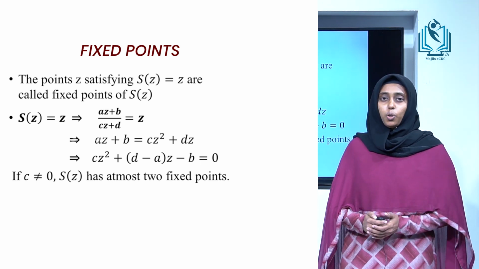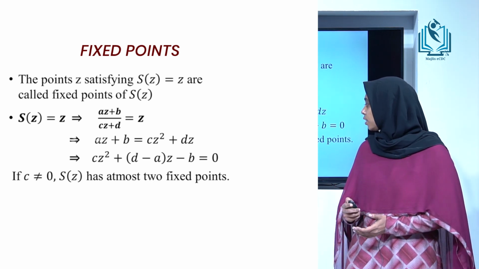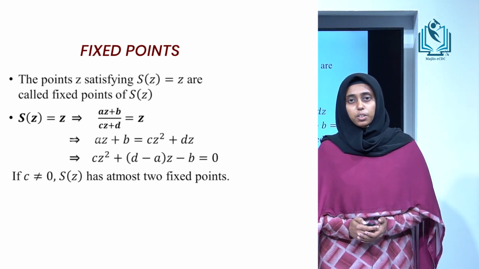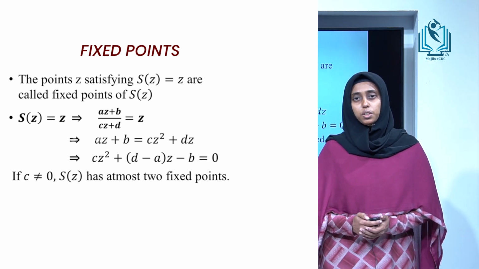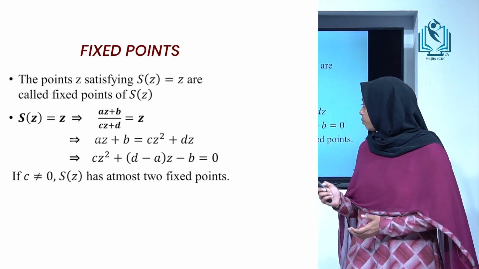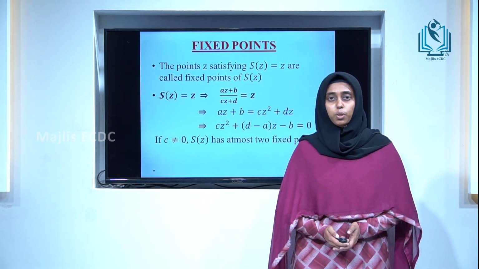Then we get a quadratic equation cz square plus d minus a into z minus b equal to 0. We know that a quadratic equation has at most two solutions. That is, if c not equal to 0, the Mobius transformation S of z has at most two fixed points.